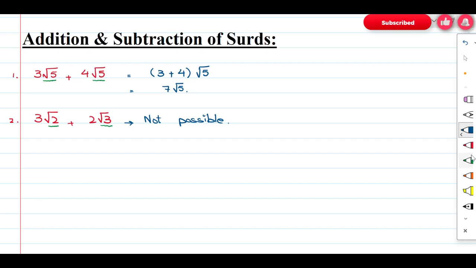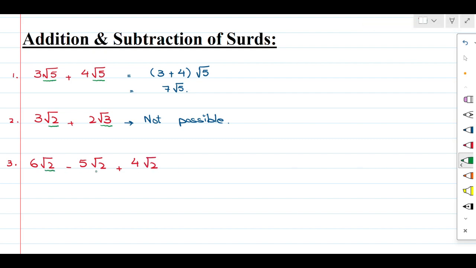Now another example: 6 square root 2 minus 5 square root 2 plus 4 square root 2. In order to simplify, you can see this is square root 2, square root 2, square root 2, all the same.